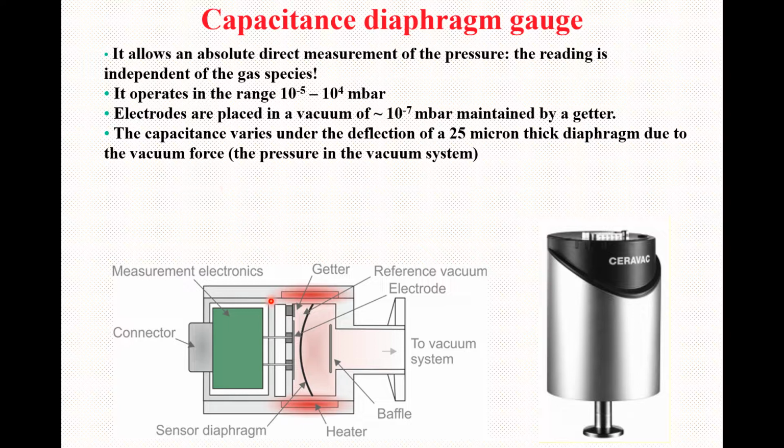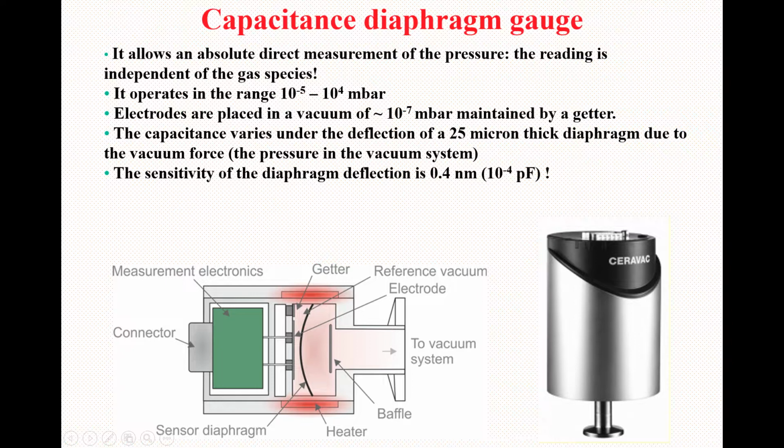The vacuum force compels this diaphragm to deflect. As a result, the capacitance varies. That is, the pressure in the vacuum system is responsible for the deflection of this 25 micron thick diaphragm.